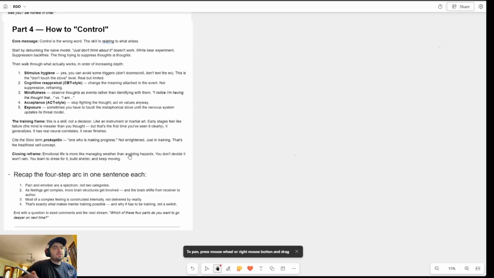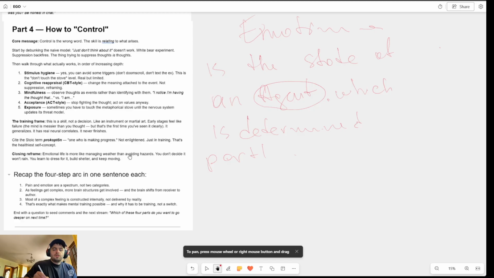Basically, what happens with us is that emotion is the state of an agent, which is determined partly genetically and partly through received training.